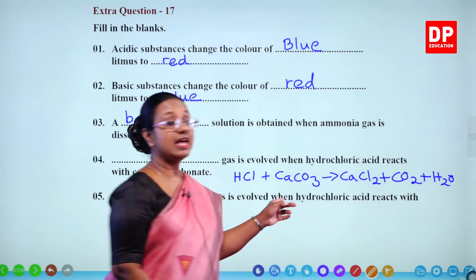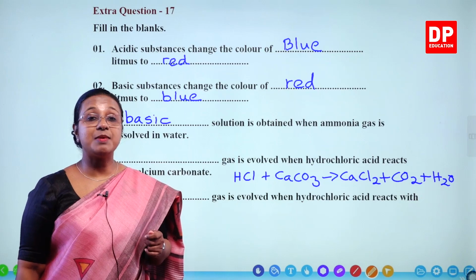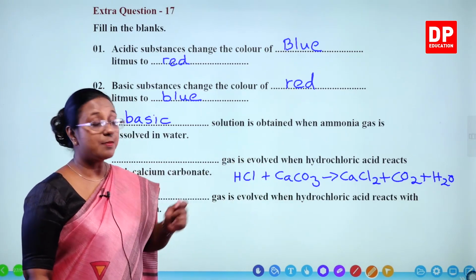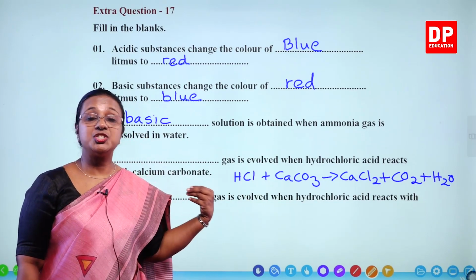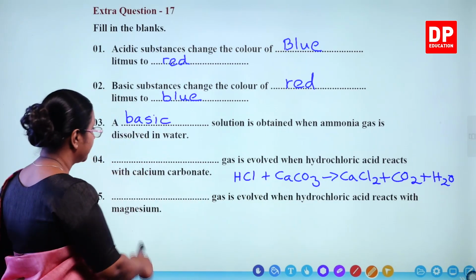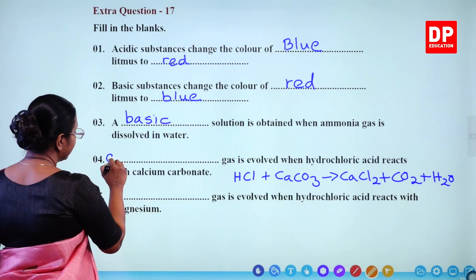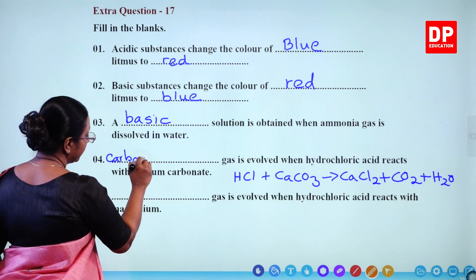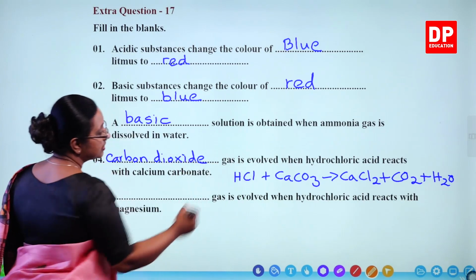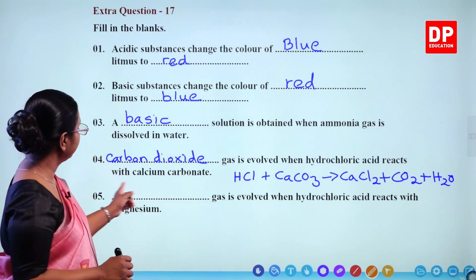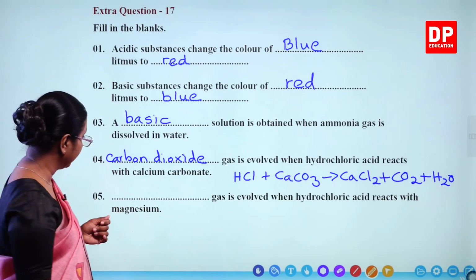You know, students, acid reacts with carbonates and bicarbonates to release carbon dioxide. You can remember that. If not, you can write the equation and fill in the blanks. So, carbon dioxide gas is evolved when hydrochloric acid reacts with calcium carbonate.